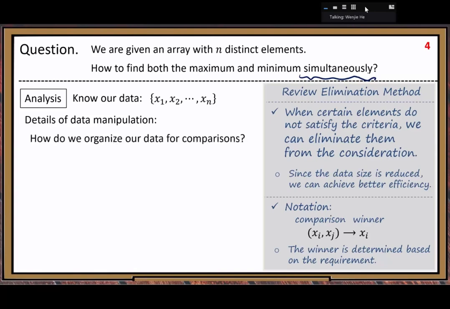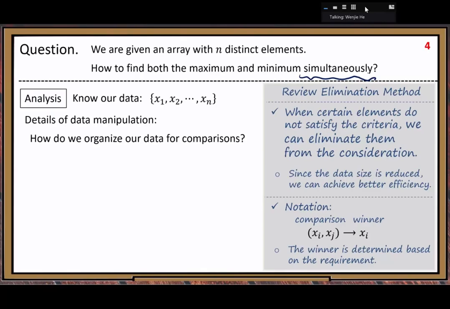So here, the question: how do we organize our data for comparison? There is a data organizing step. We need to arrange the data in a well-organized way, not some messy way.